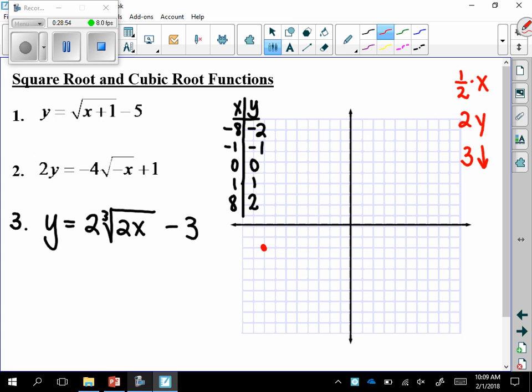-8, -2 is right here. I'm going to multiply the x coordinate, which is currently -8, by 1/2. And that's going to give me -4. And I'm going to multiply the y coordinate by 2, and I'll get -4. And then I'm going to move it down 3. Next one is -1, -1.